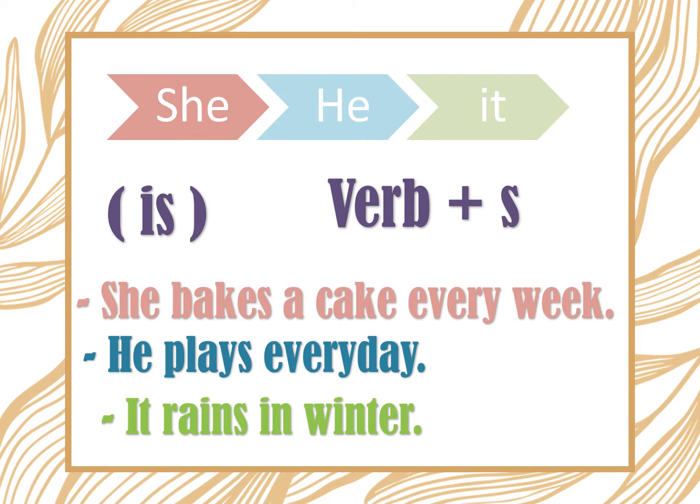It rains in winter. So, as we said again, the pronouns he, she, and it usually come with the verb is. If there is another verb, we are going to use the verb with the letter s.